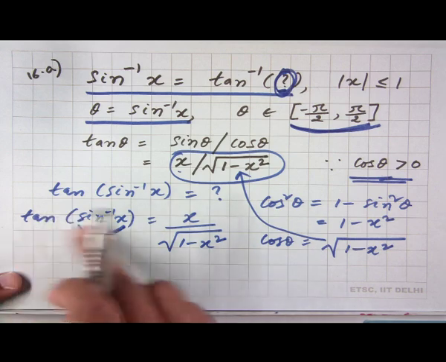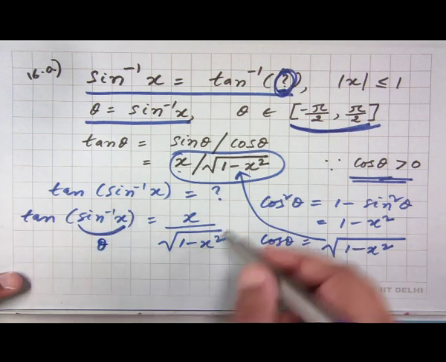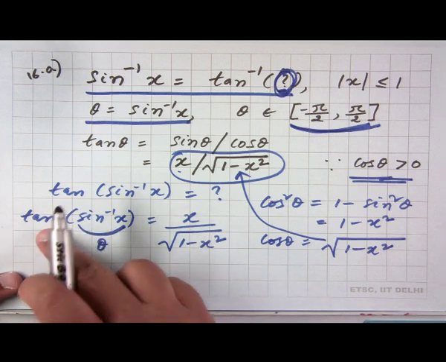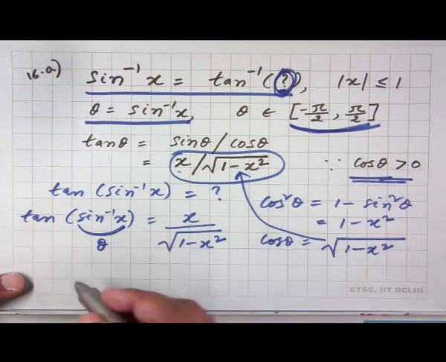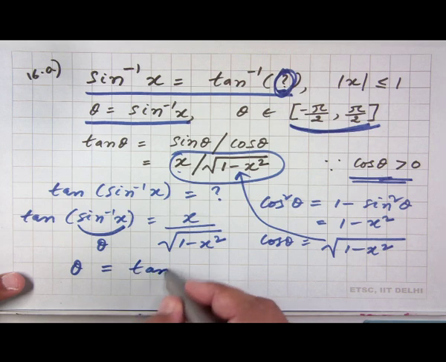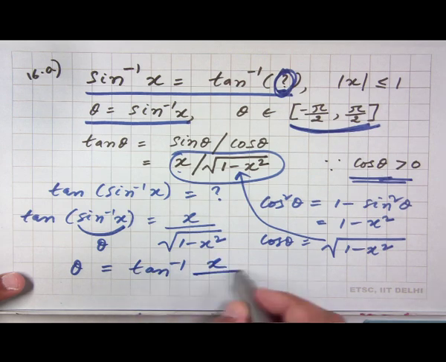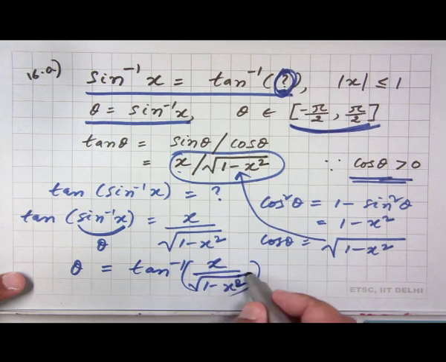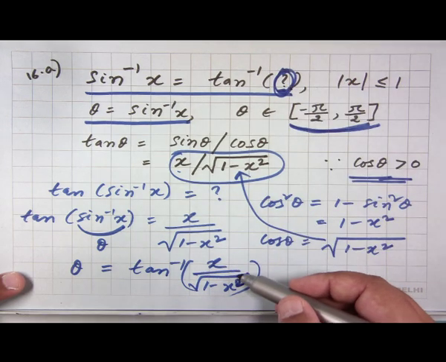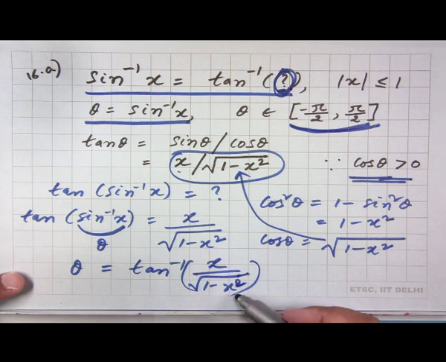So, we have tan of some angle theta equals this value, and this theta belongs to the range set of tan inverse, and therefore, it is very easy to see that obviously this theta will be equal to tan inverse of x over root of 1 minus x square. So, this question mark over here is precisely equal to x over root of 1 minus x square.